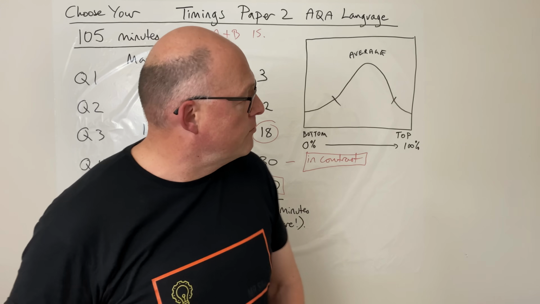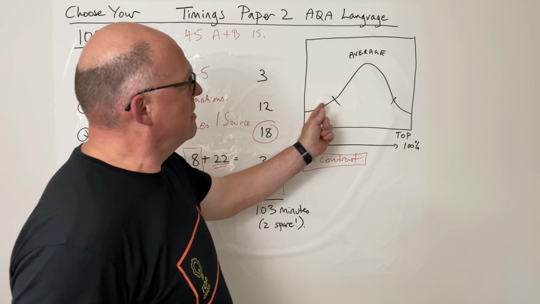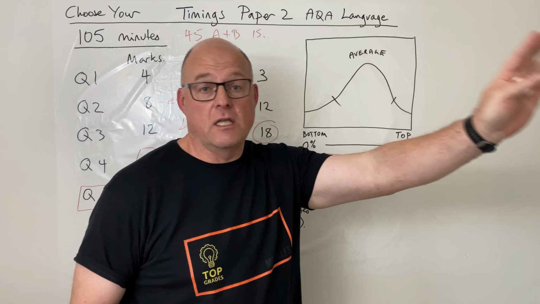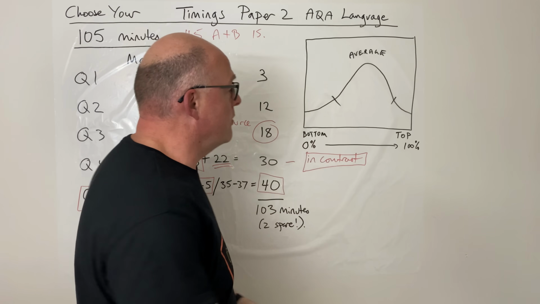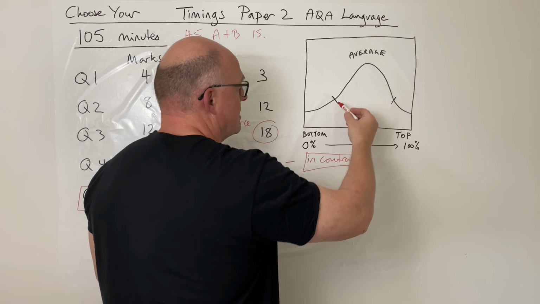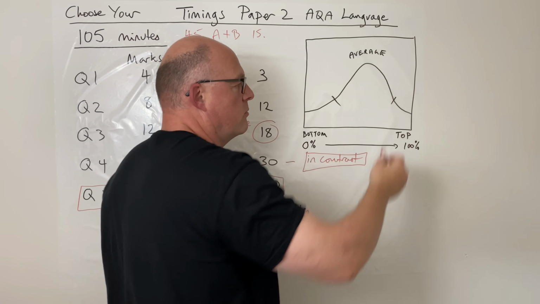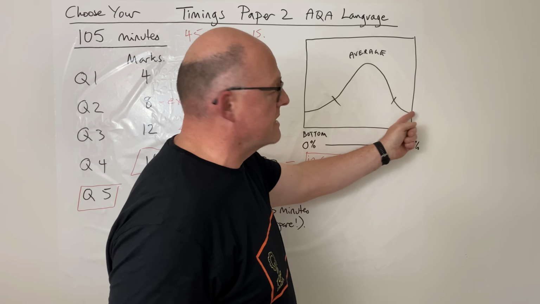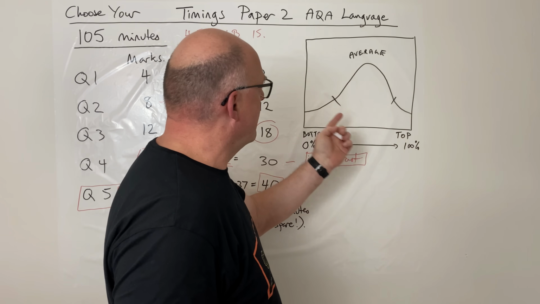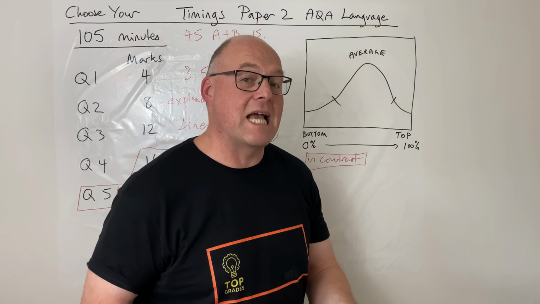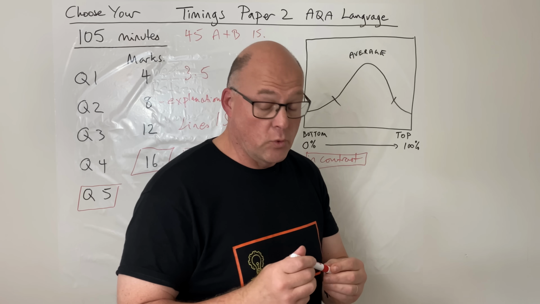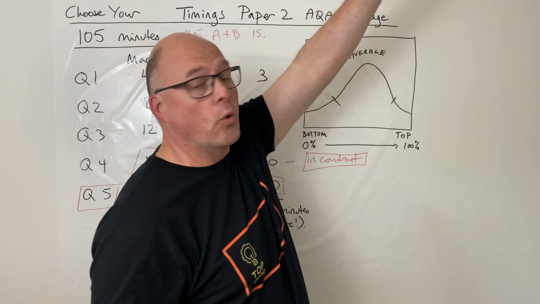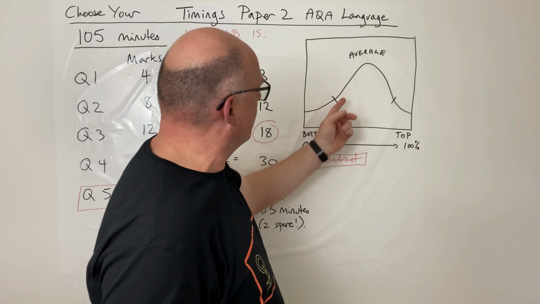Now, why is this important? This is called a bell curve. If we just measured everybody in your school for height, they would arrange themselves here, the shortest, then the majority of the people would be in a similar height range, and then the tallest would be down here. There wouldn't be so many of them. And it's exactly the same with your exam scores. This is how the exam boards work out your grade. They just take everyone's mark and rank them all, and that gives you a bell curve.